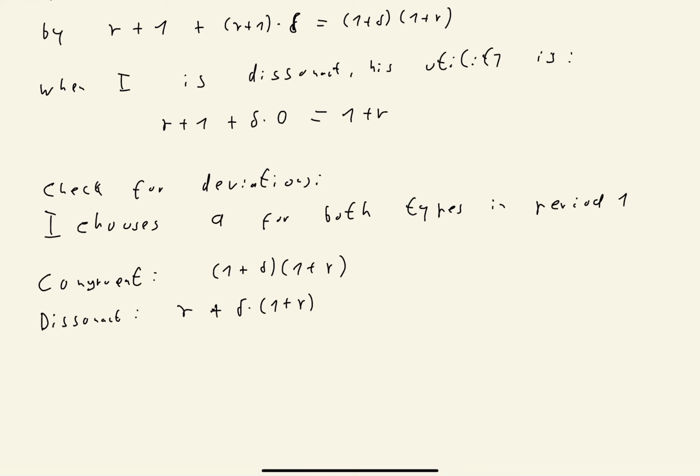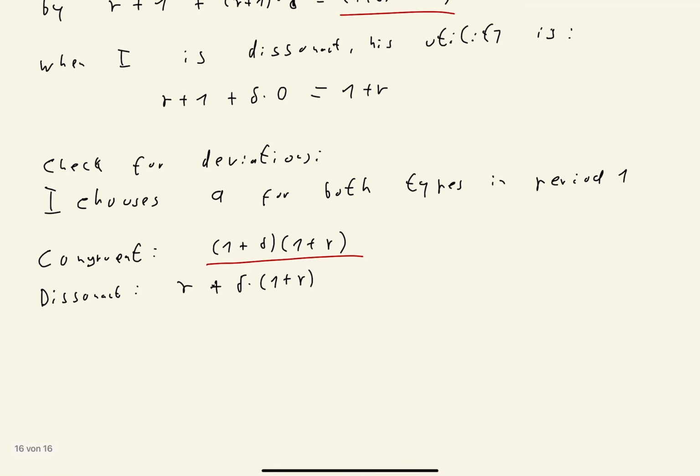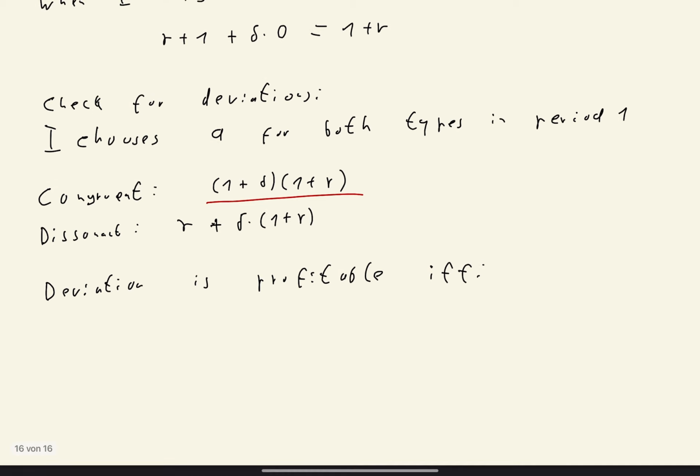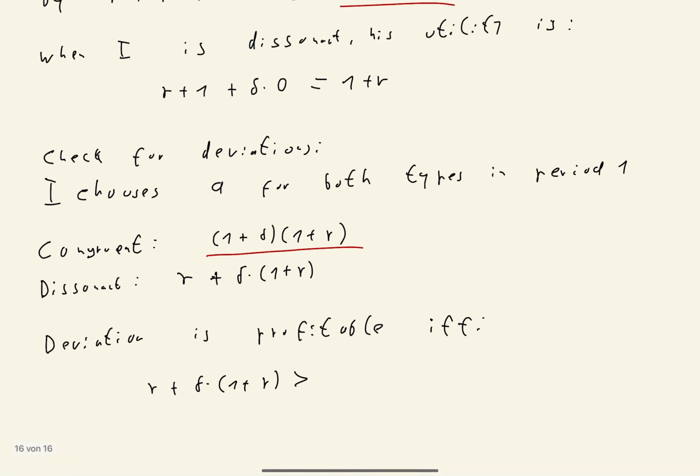Now, when is this deviation profitable? Obviously, there is no difference when he is of a congruent type because he will receive the same utility. But there is obviously a difference when he's of a dissonant type. So this deviation is profitable if and only if his deviation utility when he's of a dissonant type, so R plus delta times 1 plus R, is larger than his utility when he's behaving according to the equilibrium strategy that I described before.